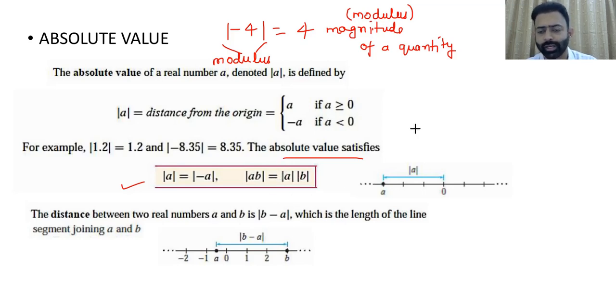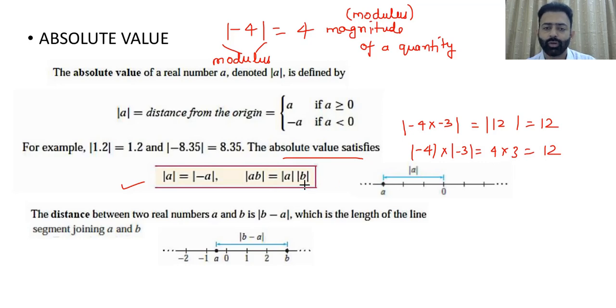For example, if you are writing -4 into -3, then its magnitude, this is 12, is equal to 12. And if I take out the separate magnitudes, modulus of minus 4 into modulus of minus 3, which is 4 into 3, is again 12. So mod of AB is equal to modulus of A into modulus of B.